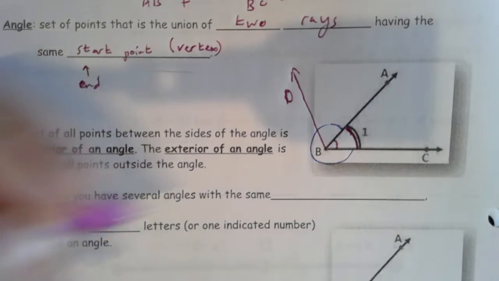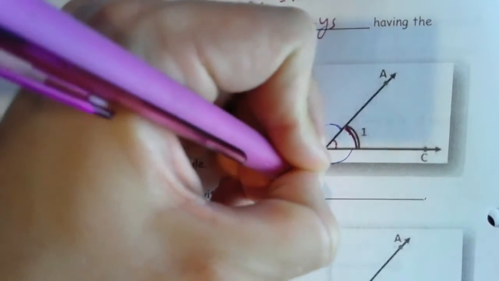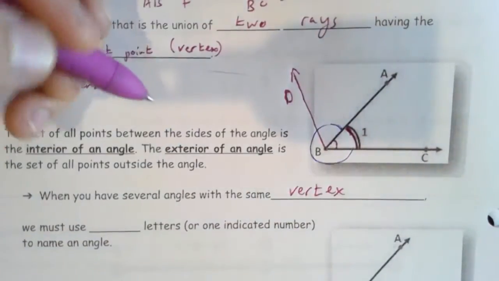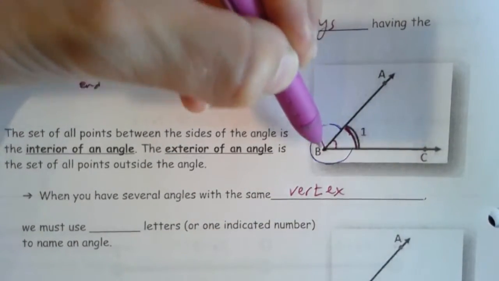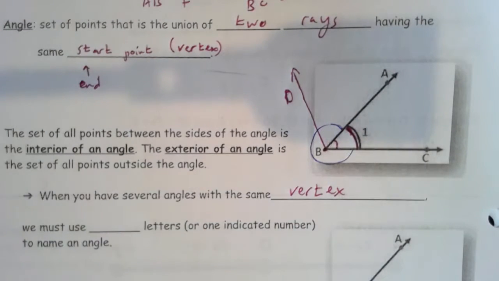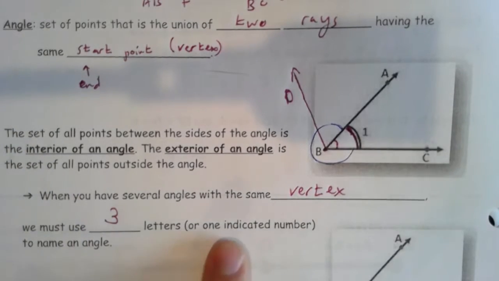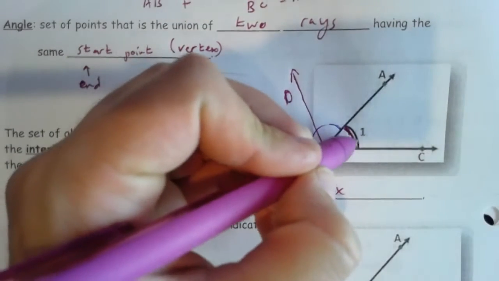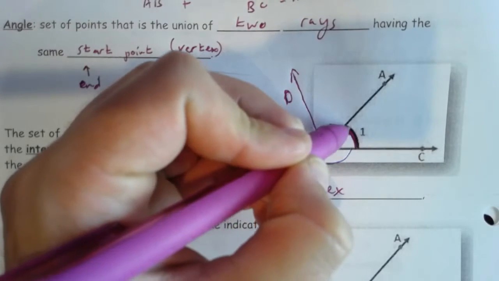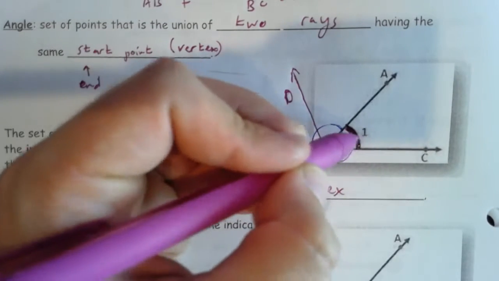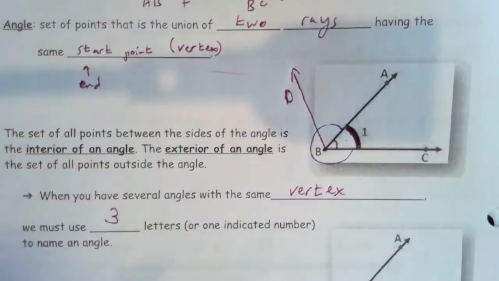When you have several angles with the same vertex, and the vertex in this case is point B, just the shared endpoint for the rays that are making our angles, we must use three letters, or an indicated number if they have a little arc there with a number next to it. They're saying that angle 1 means this part over here.